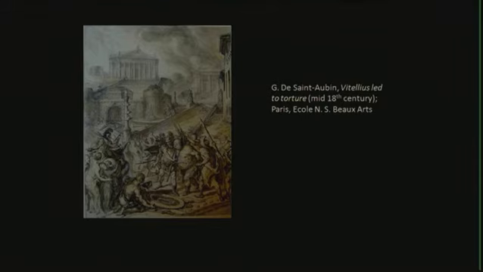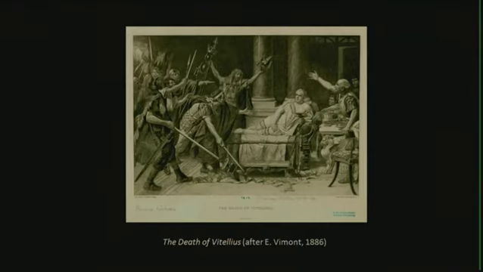But also going beyond that, what you see here, and this is very curious actually, is a popular mass market print produced in the early 20th century, so popular that you can pick it up very easily on eBay even now. And it's based on a painting that was first exhibited in the Paris Salon of 1886.